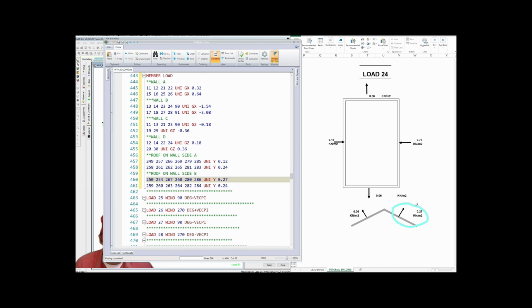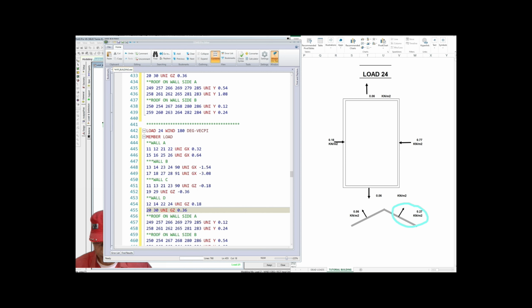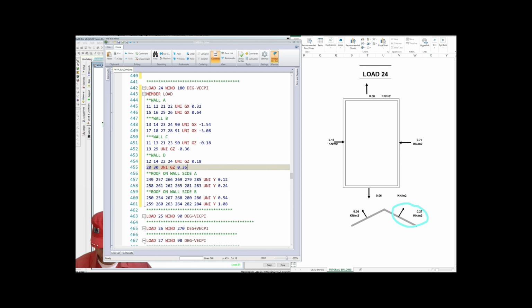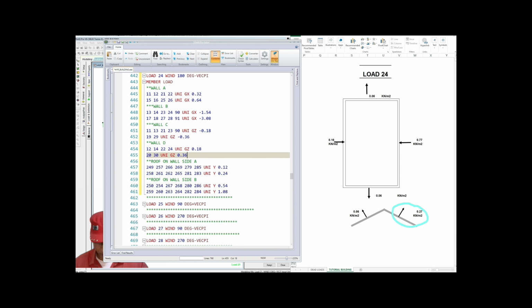For this one, on wall side B, 0.27 into 2 is 0.54, and this will be 1.08. See, it has changed the side. From here it was on wall side A, here it has come to wall side B.